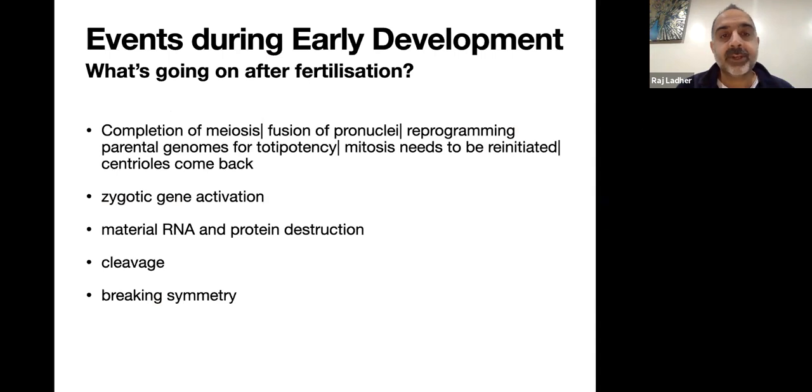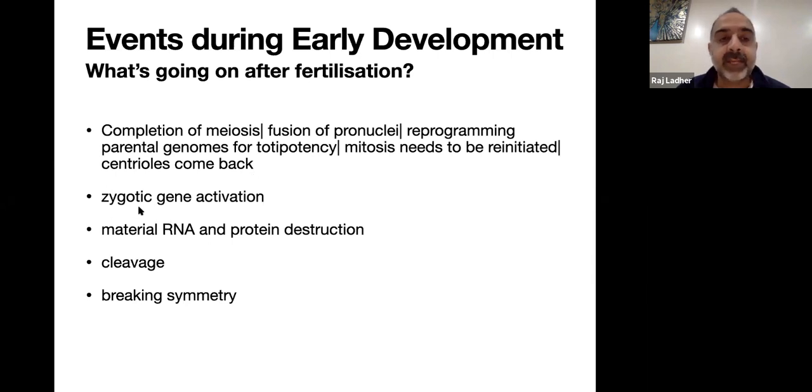But let's not go into that too much. The other thing we need to do when we're comparing early development is break symmetry as well. And so what is common about early developmental mechanisms are these steps here, what happens after fusion.